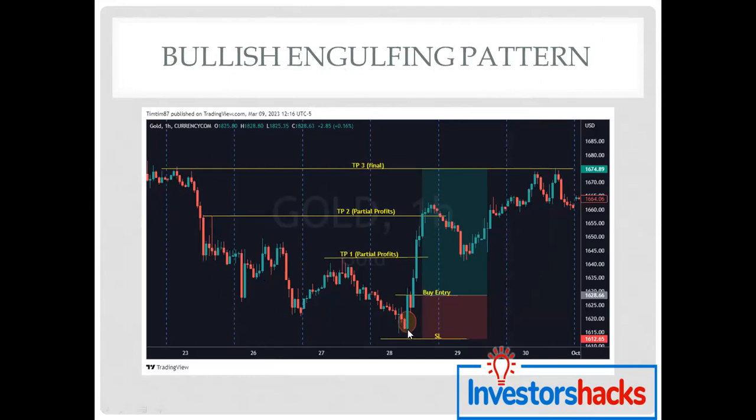So the moment this formed, this could be your exit point. Let's say, for instance, you had entered here for a sell, and the moment you see this candlestick pattern, you exit because it signifies a reversal of the trend.